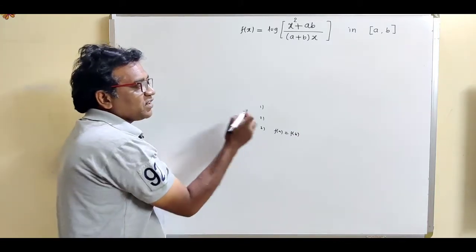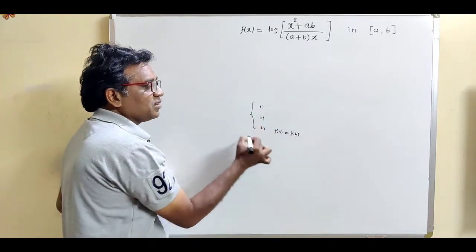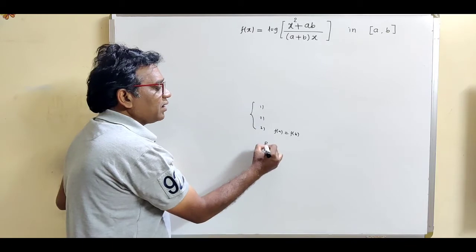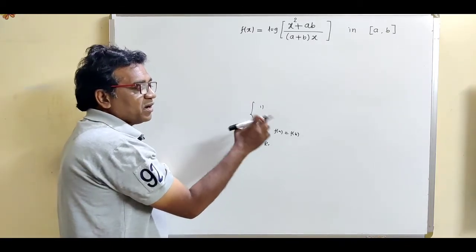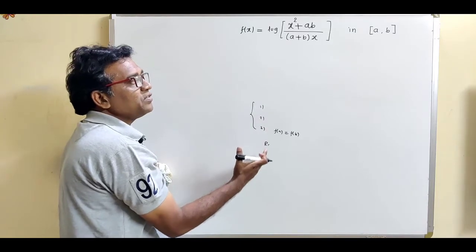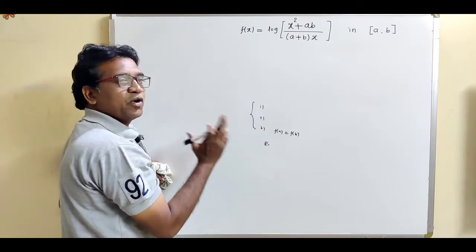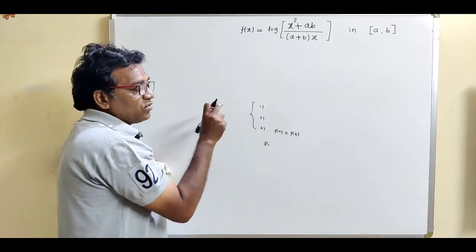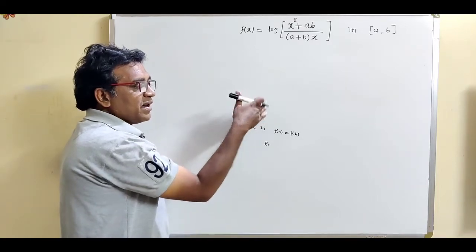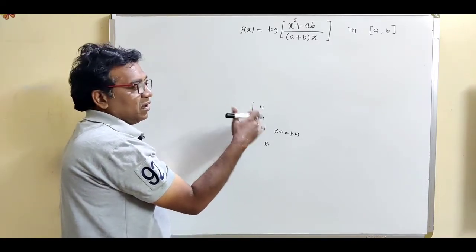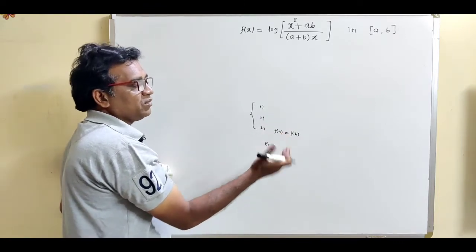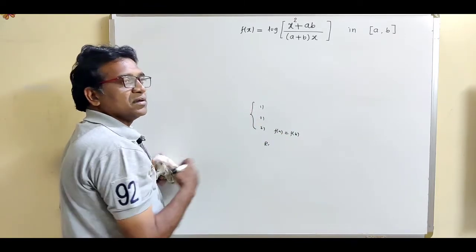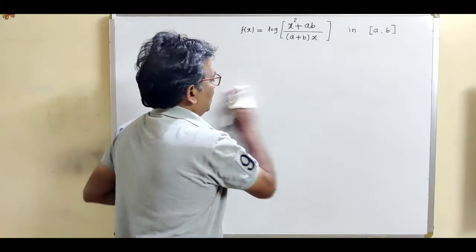If f(x) satisfies these three conditions, then and only then we can apply the statement of Rolle's theorem. If one of the conditions fails, that means we cannot apply Rolle's theorem. For Rolle's theorem, we require these necessary conditions: continuity in the closed interval, differentiability in the open interval, and equality at the extreme points.